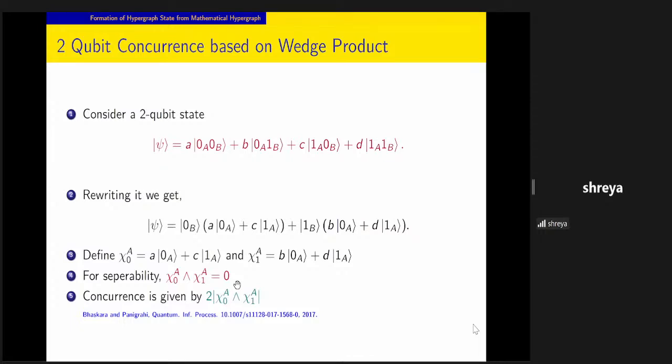For entanglement, they will cover an area, and this area will be the entangled concurrence. And the concurrence is given by this formula. This is the modulus of the wedge product, and sorry, the wedge product is the generalized version of the cross product. I have to mention this before.